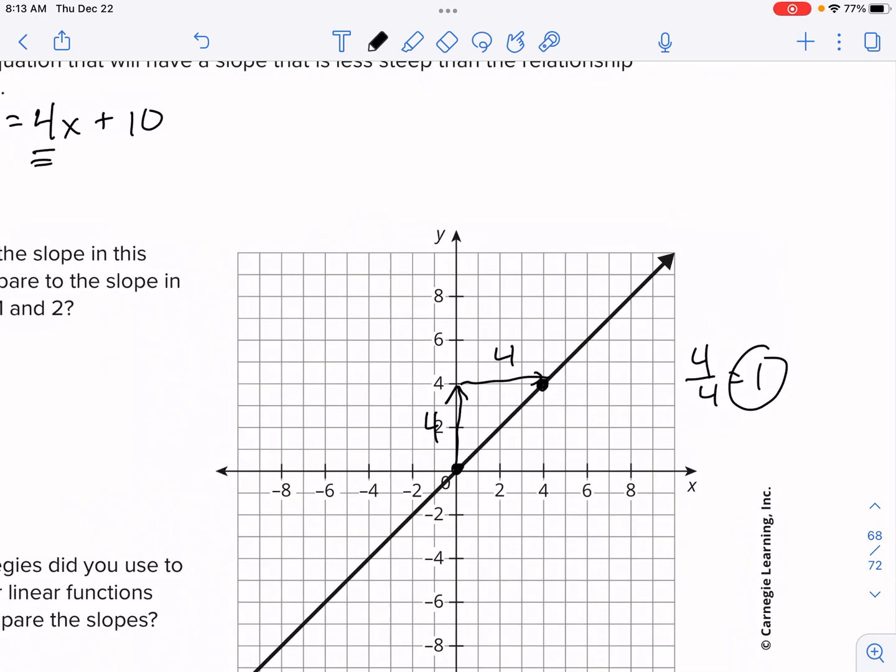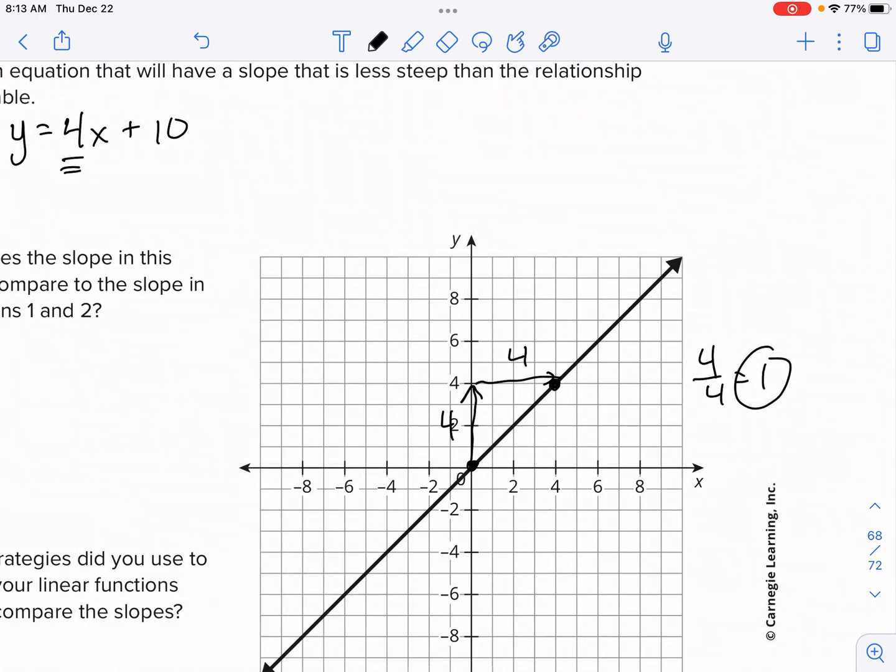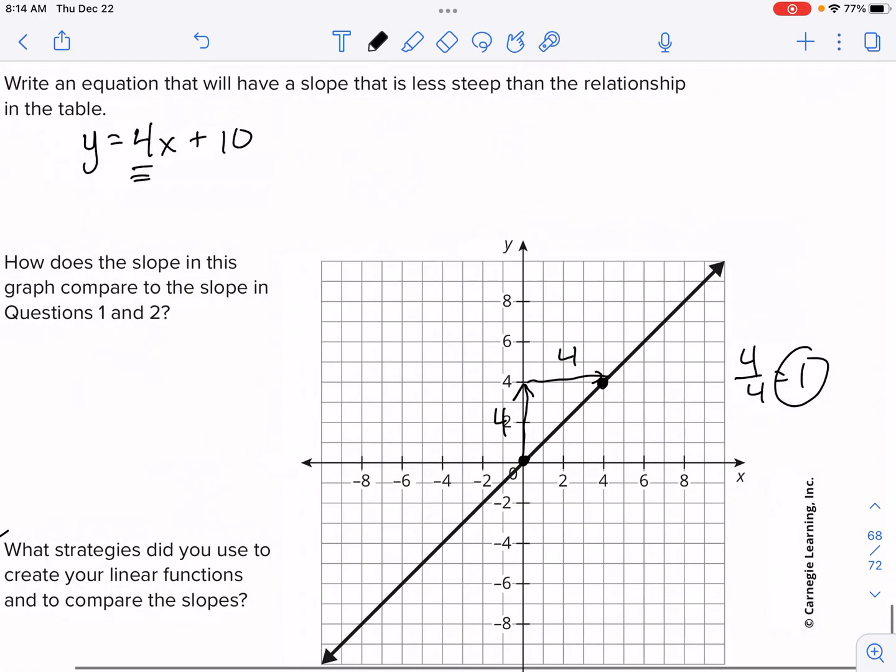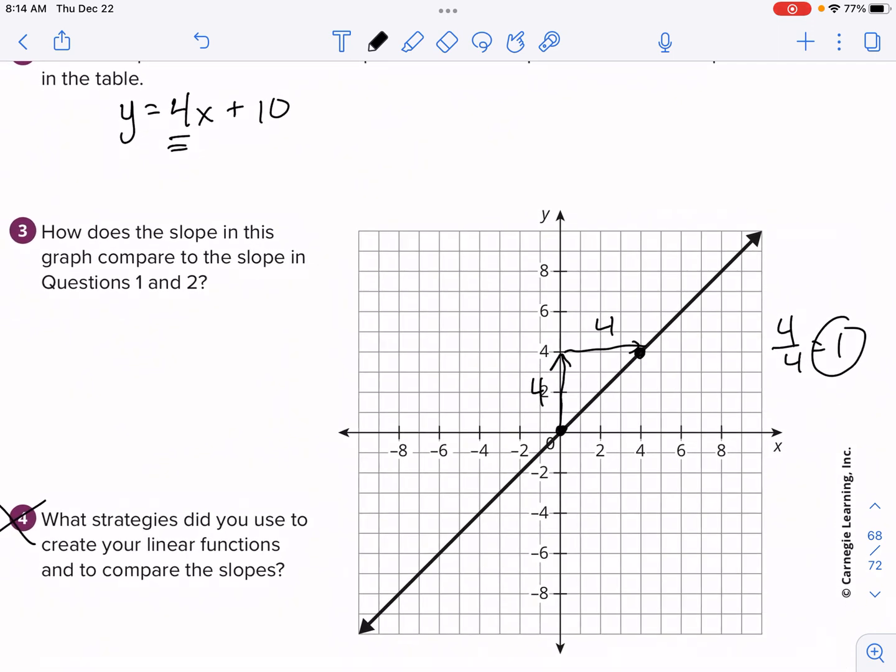So the slope of this third function is smaller than both question 1 and 2, so it's smaller than 4 and 5.